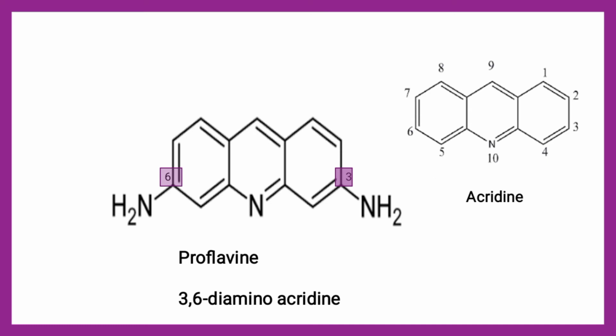On this acridine moiety, at third and sixth position, there are 2 amino groups. That is the reason it is 3,6-diaminoacridine, from the class antiseptic disinfectant, known as acridine derivative. Why is it an acridine derivative? Because on the acridine ring, as you can see on the third and sixth position, there are 2 amino groups. So this is the derivative of acridine.